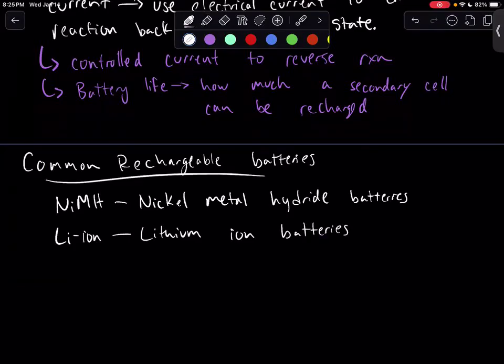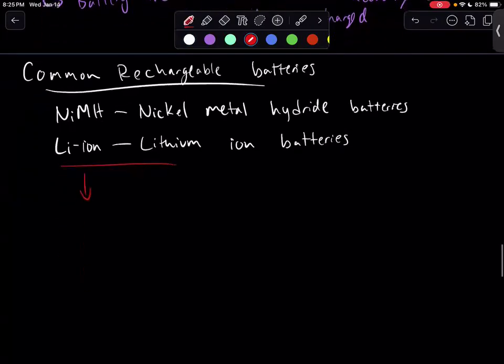To see how they work, we'll do a simplified example where we'll look at a lithium ion battery. So let's go ahead and explore that one right now. One of the most common lithium ion batteries is called a lithium cobalt oxide battery, which is LiCoO2.